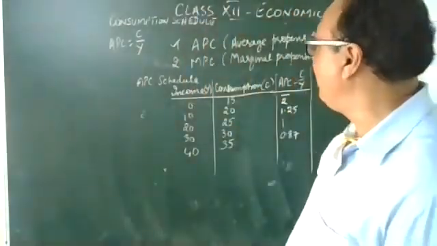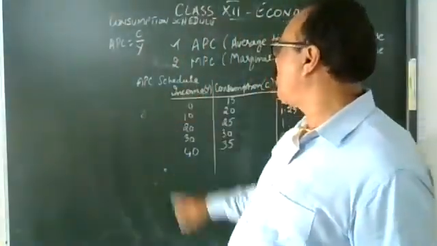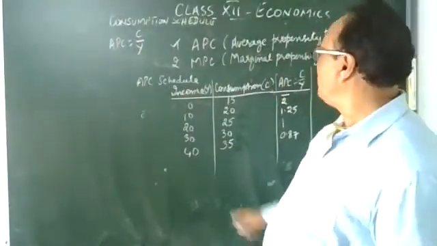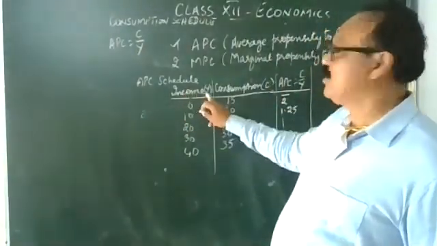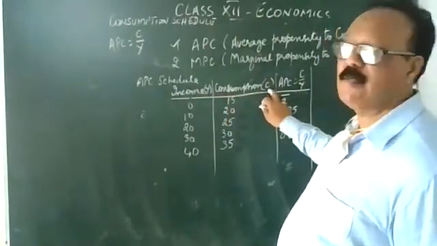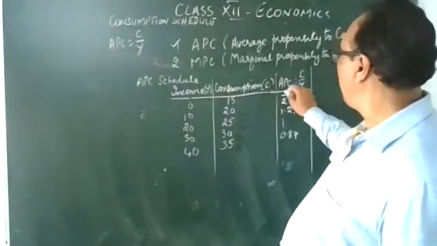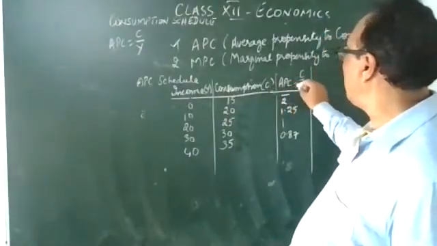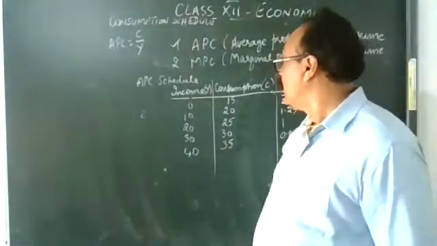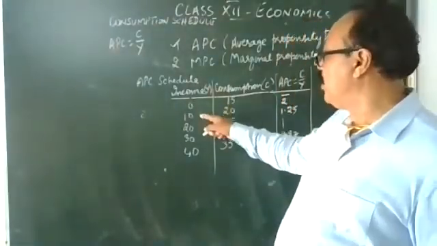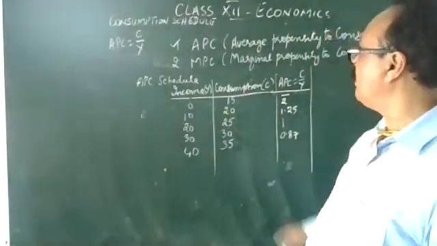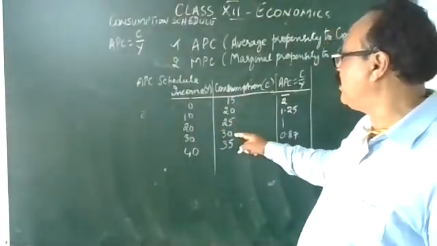Then I have an APC schedule drawn here. There are three columns. The first column is income, which is capital Y, the second is consumption, which is capital C, and the third is APC, which is calculated as C upon Y. Assuming income is 0, 10, 20, 30, 40, consumption is 15, 20, 25, 30, 35.